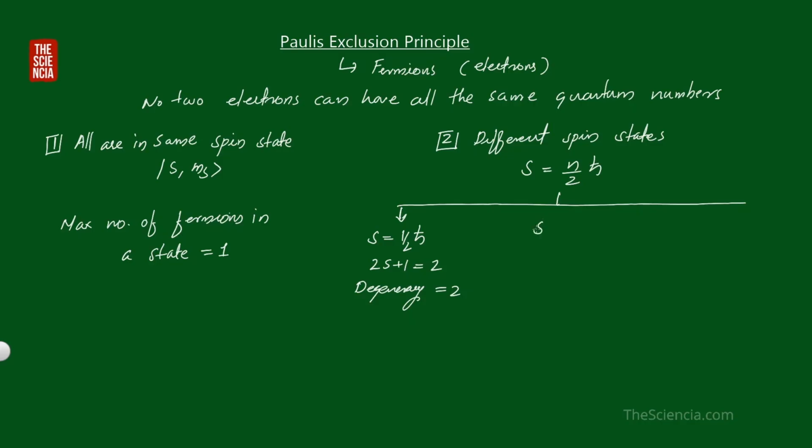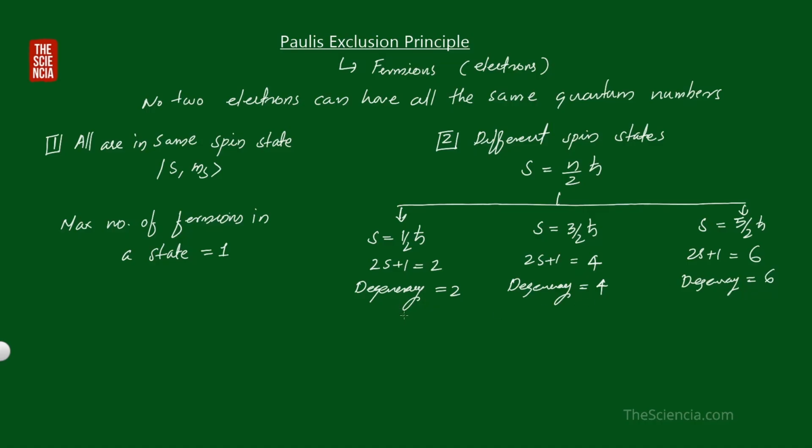And if S is equal to 3 by 2 h cross, then 2S plus 1 is equal to 4. That is, degeneracy is equal to 4. And if S is equal to 5 by 2 h cross, then 2S plus 1 is equal to 6, and the degeneracy is equal to 6.